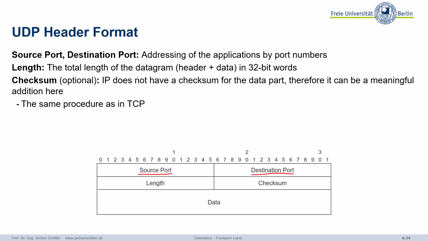So why a checksum? IP doesn't have a checksum. Remember, we have the IP layer 3 header somewhere here, but on the link layer we have a checksum, which will be here at the end. The frame check sequence, CRC, and this CRC will protect everything. So why checksum it again?